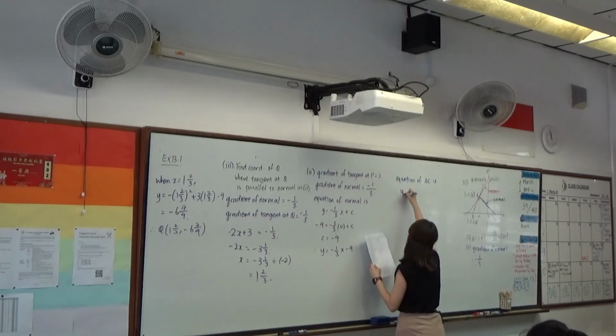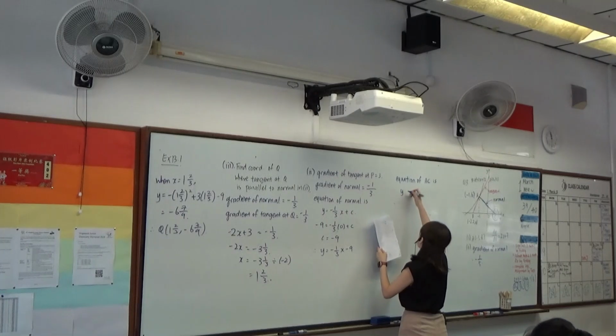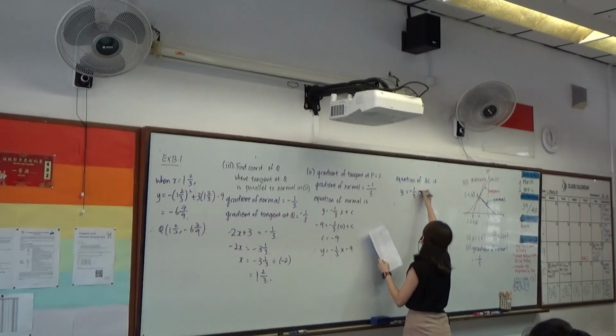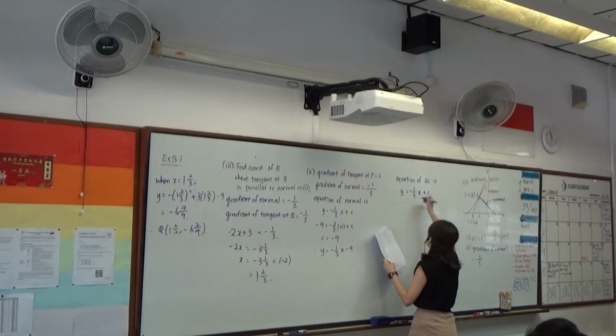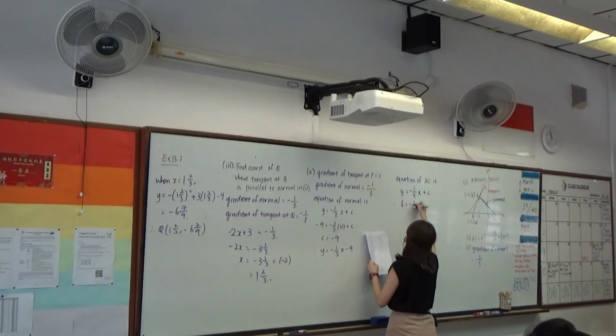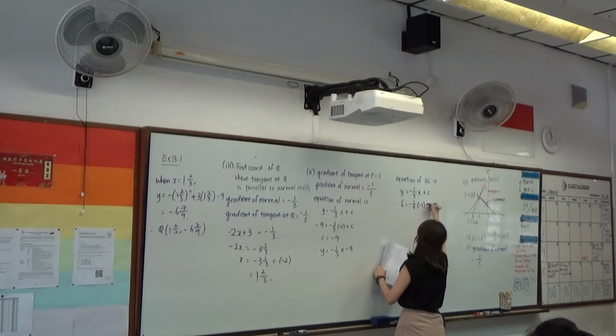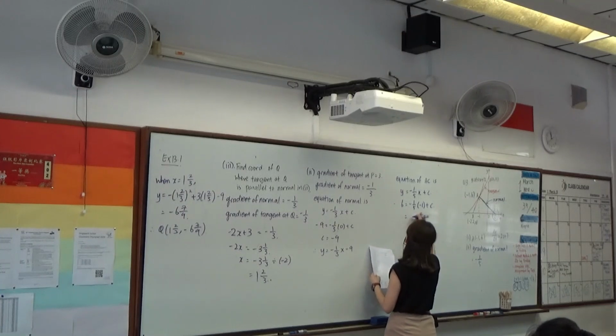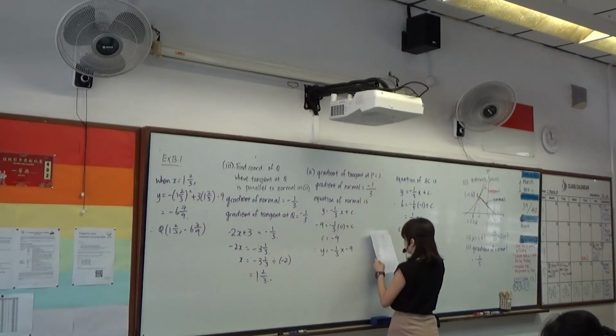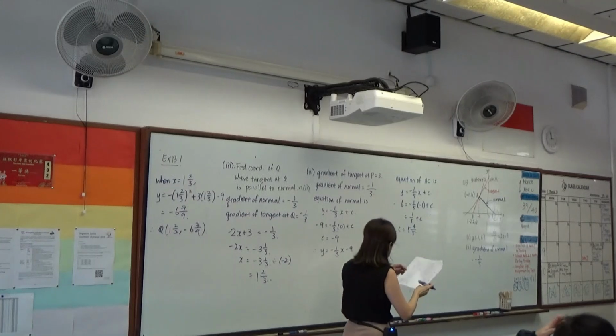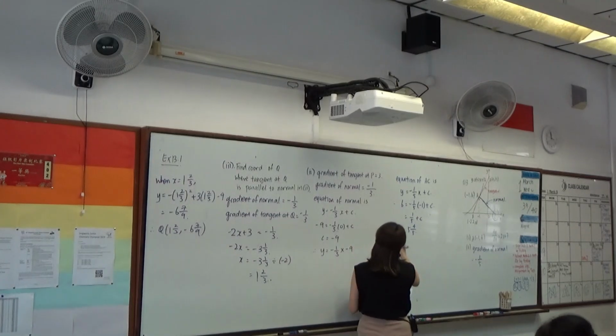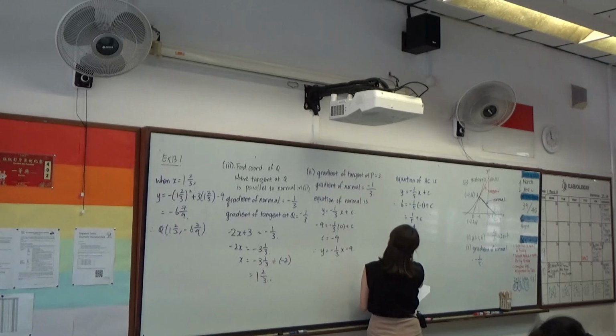That would be y minus y1 equals -1/5 x plus c. So we find that c is actually 5 4/5. So the equation of the normal is y equals this.